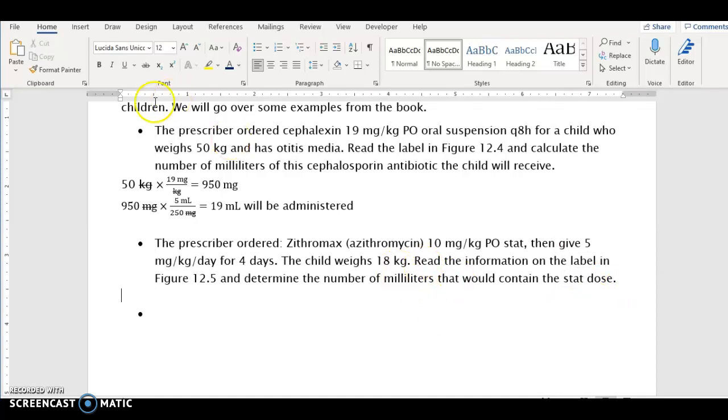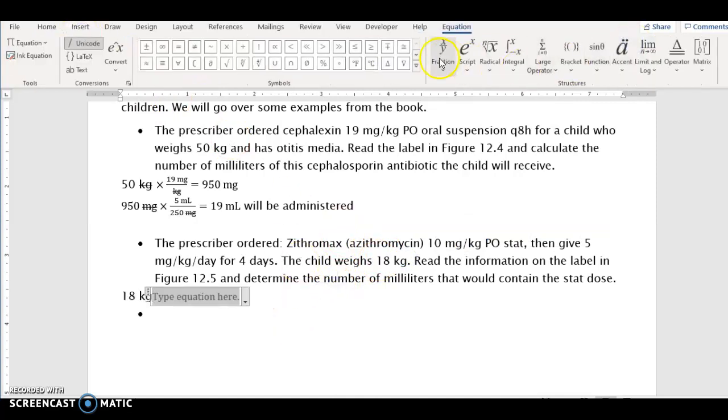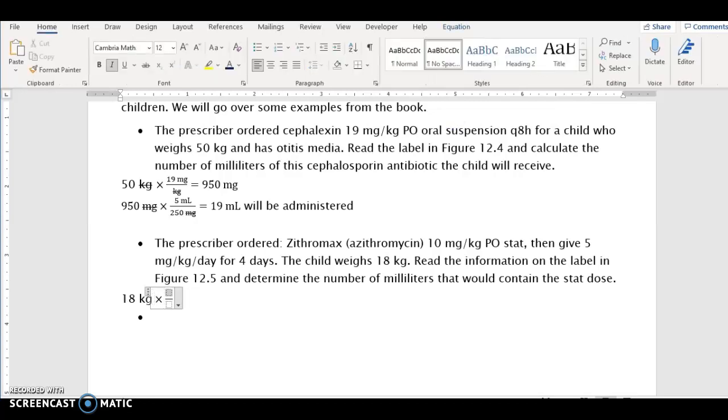Okay, so we're going to take the child's weight, which is 18 kilograms, and then multiply by the 10 milligrams per kilogram.